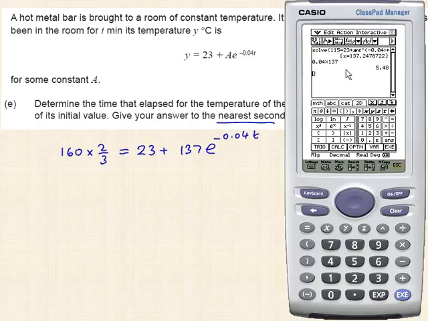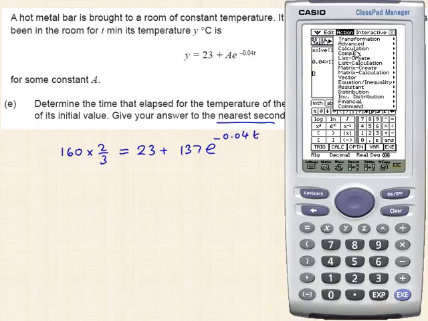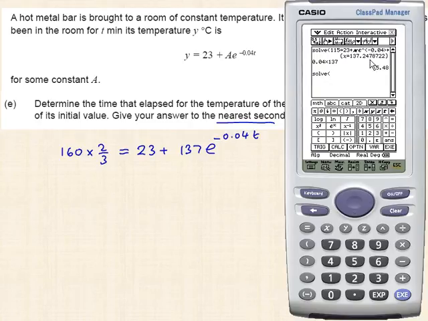So again, we want to solve, and we want 160 multiplied by 2/3.